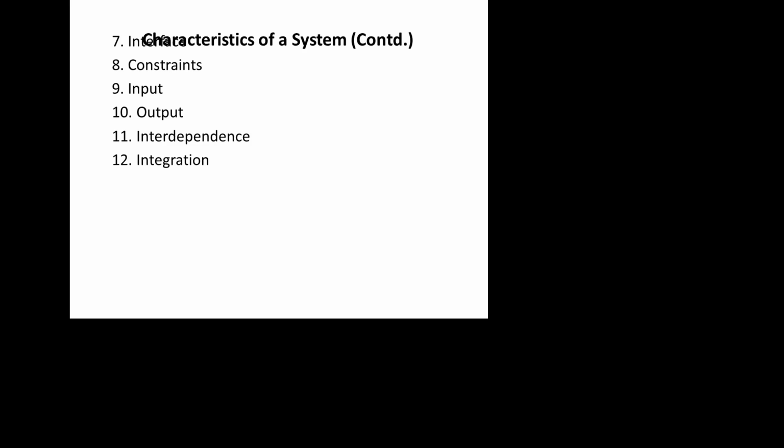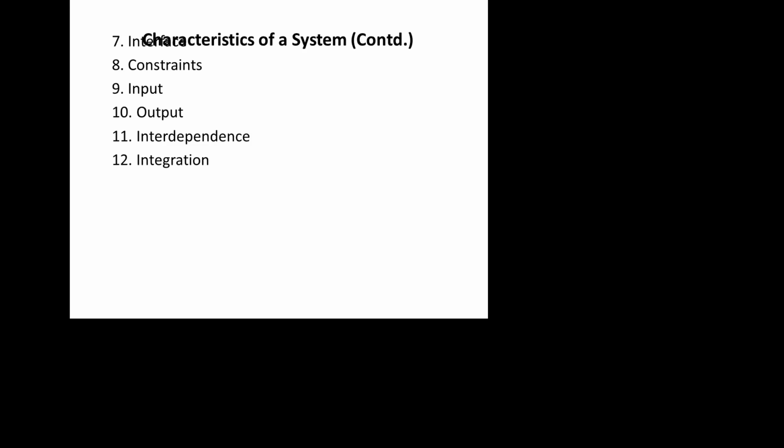Output means that after processing, the input data will be converted into information or a finished product or a service. In terms of information system, input is the raw data or statistical information given for further processing, and the output is information which will be used by management for their decision making.